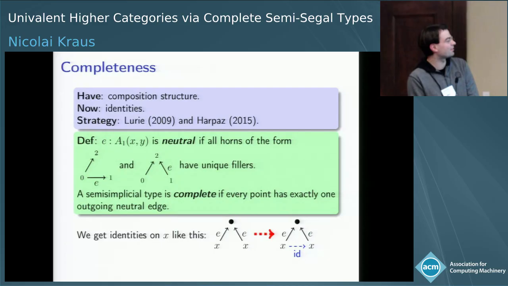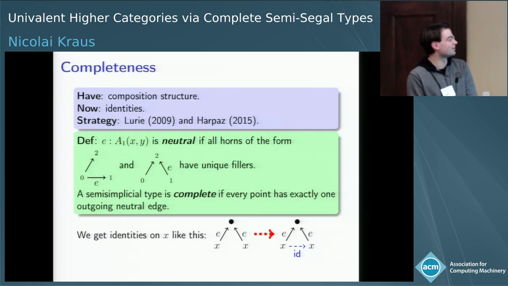If you have a horn like this, it looks like it shouldn't be possible to compose because they are not consecutive morphisms. But we say that E is a neutral morphism or just an equivalence if such horns still have unique fillers.